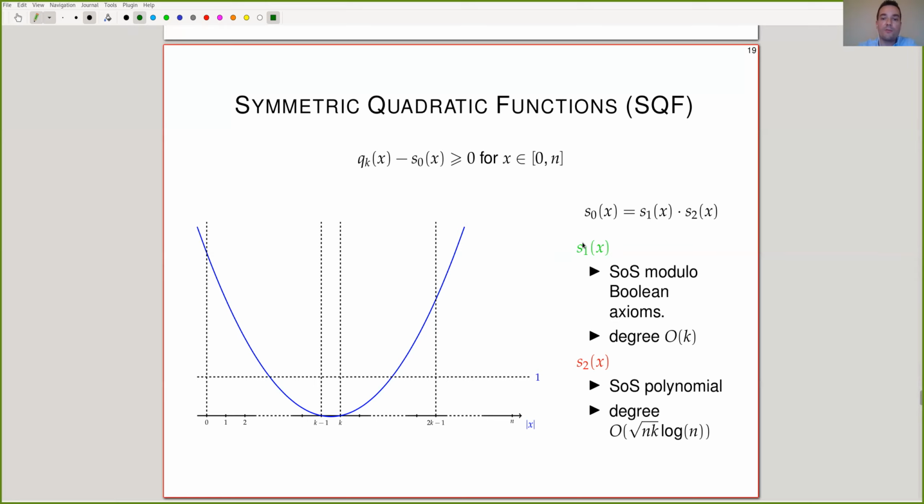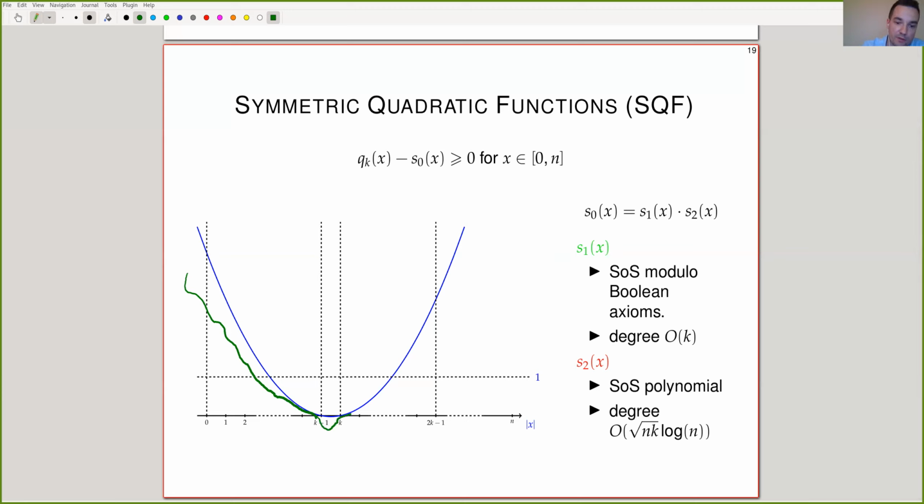The polynomial S1(x) should be a sum of squares modulo the Boolean axioms, so it doesn't have to be non-negative, but it has to be non-negative modulo the Boolean axioms. It should also have a small degree, big O of k. And additionally, you would like this polynomial to be smaller than qk(x) in the interval from 0 to k minus 1.